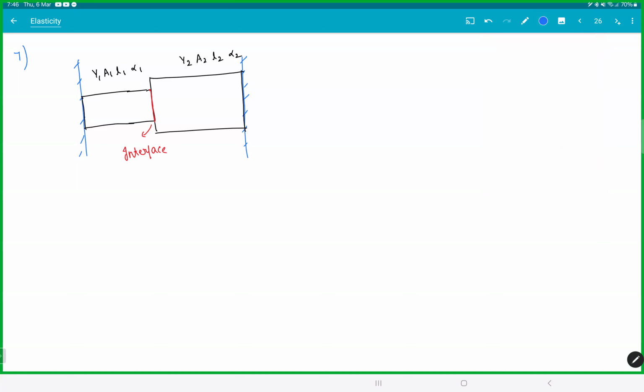This is the top view, so there's no gravity, nothing. You kept them like this, loosely fitted. Now, if you increase the temperature, what will happen? Both the rods will push each other. Find the distance moved by the interface when the temperature changes by delta T. Let's get this.